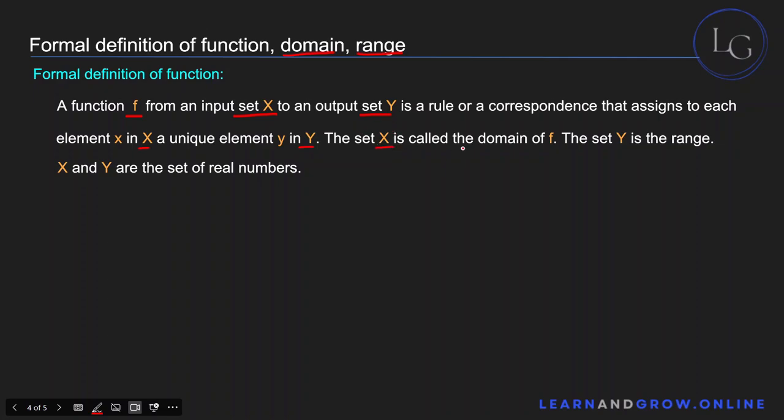The set x is called the domain of the function f, and the set y is called the range of the function f, right?